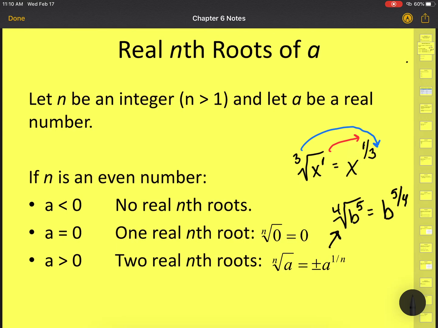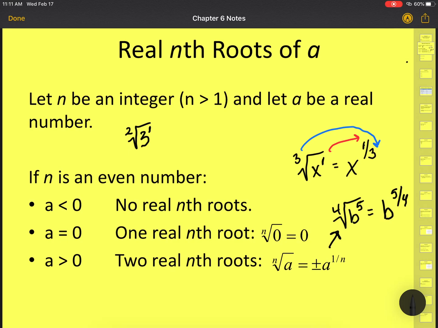Okay, and what if we had just the regular square root of 3? Again, we can assume on the inside of the radical I have an exponent of 1. I just can't see it. But there's nothing on the outside, or as an index this time, on the outside of your root. If you do not see a number or index on that root, we're assuming it's a 2, because we say the square root of 3.